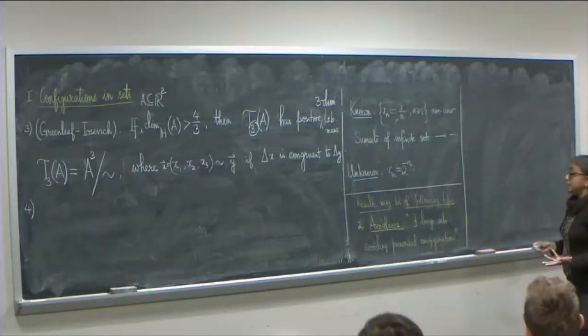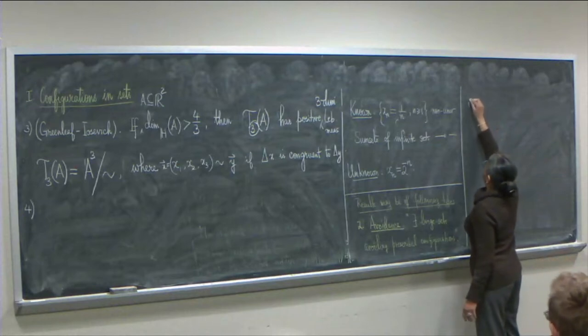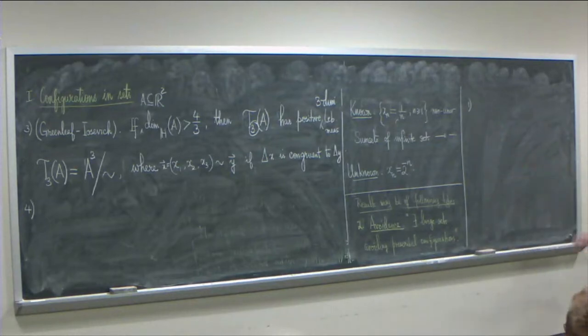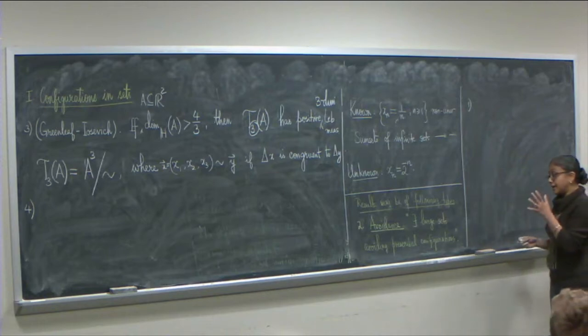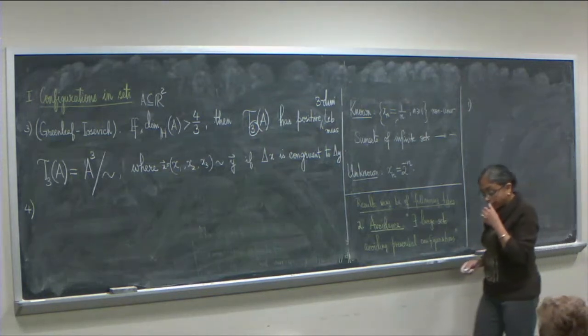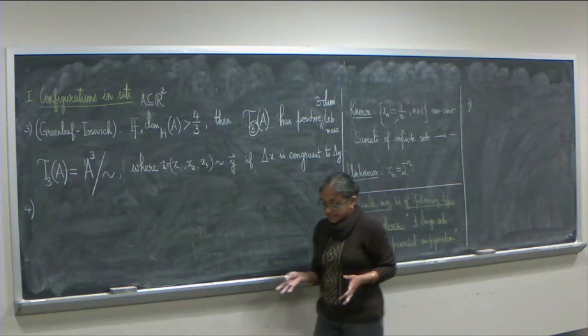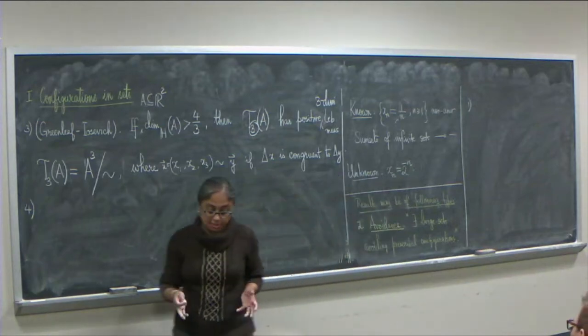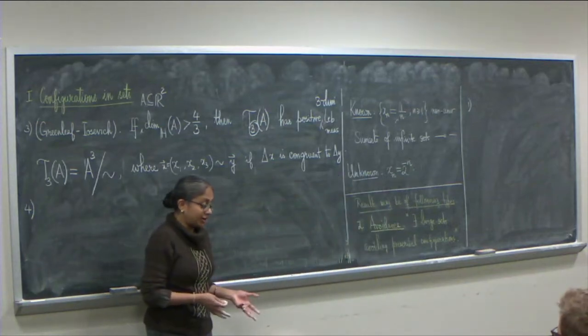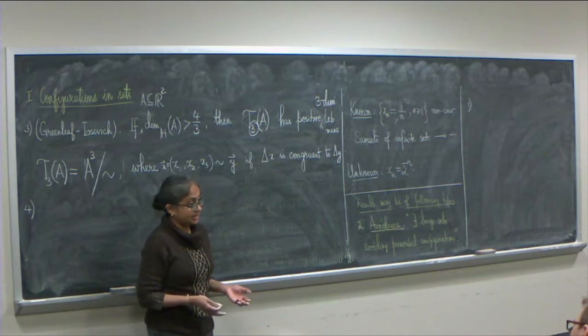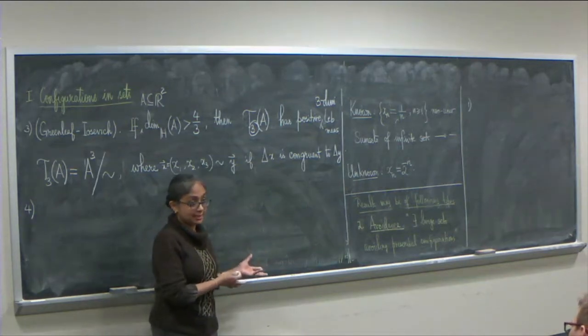Okay. Here's an example. We talked about right at the beginning how if you take a set of positive Lebesgue measure, it will contain an affine copy of every finite set. That was one of the first things I mentioned.